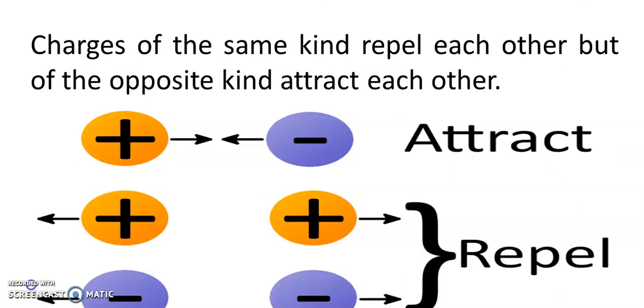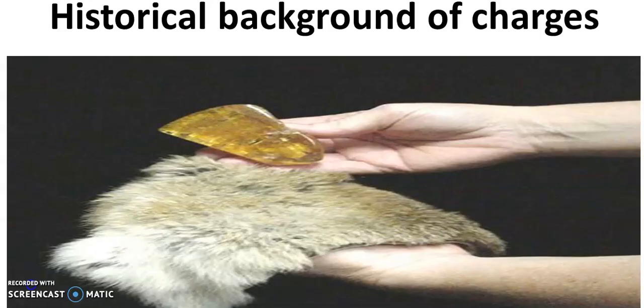The charges of the same kind repel each other, but those of the opposite kind attract each other. Here on the screen you can see a positive charge and a negative charge. Both are unlike charges, because they are different. So unlike charges always attract each other, whereas like charges always repel each other.